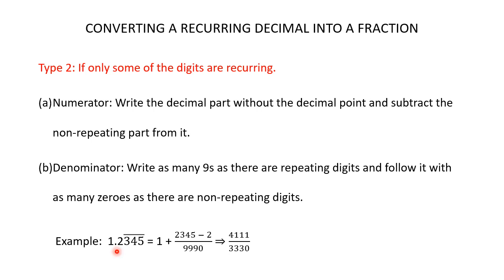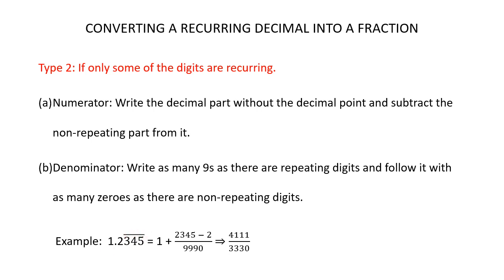Look at this recurring decimal, 1.2345. Here 1 is the whole number and it remains unchanged. 2 is the non-repeating digit. Only 3, 4, 5 are the repeating digits since a line is written above 3, 4, 5.